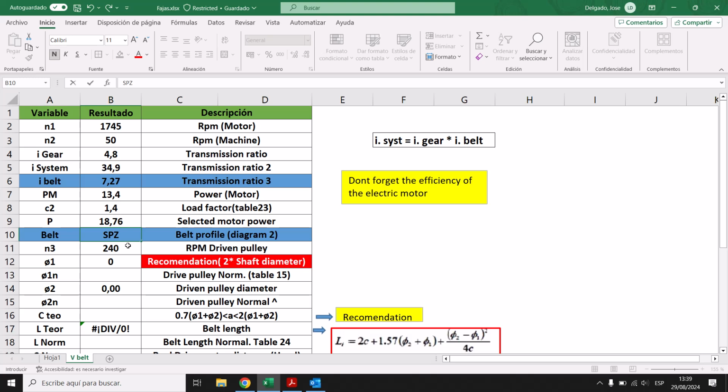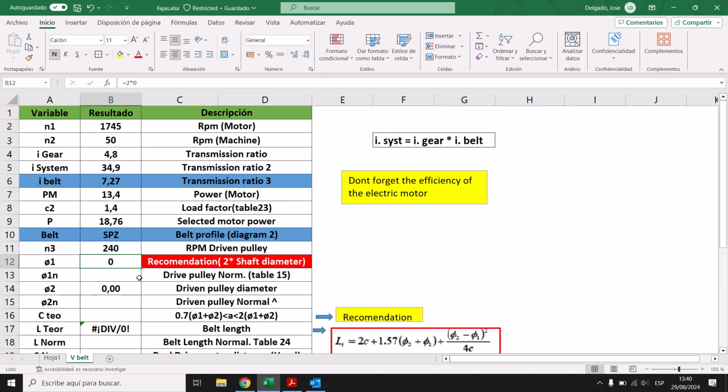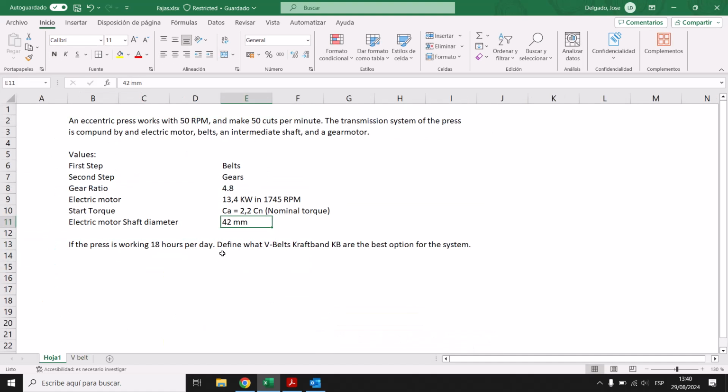This is just to put in the information. This is the RPM of the driving pulley. Remember, you have a ratio, and we have here. Remember that the shaft diameter of the electric motor, we have, this is a recommendation for your calculation. Start your calculation with twice the diameter. I put this 42. It's information.